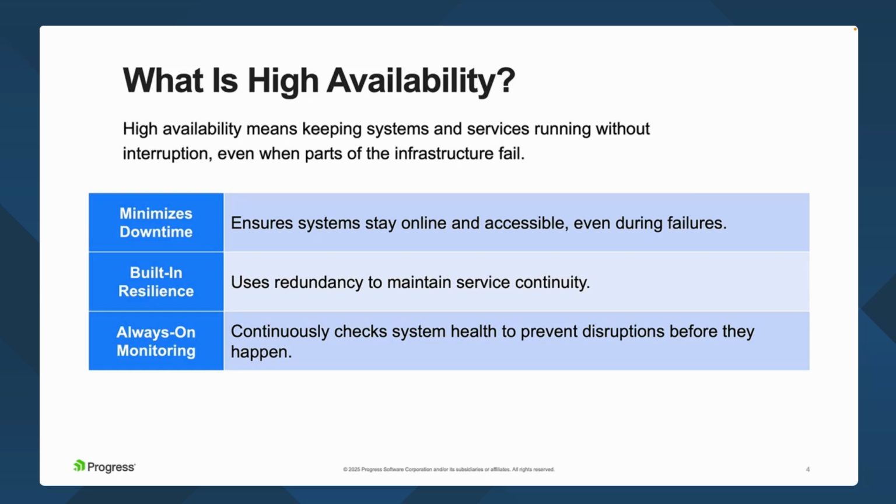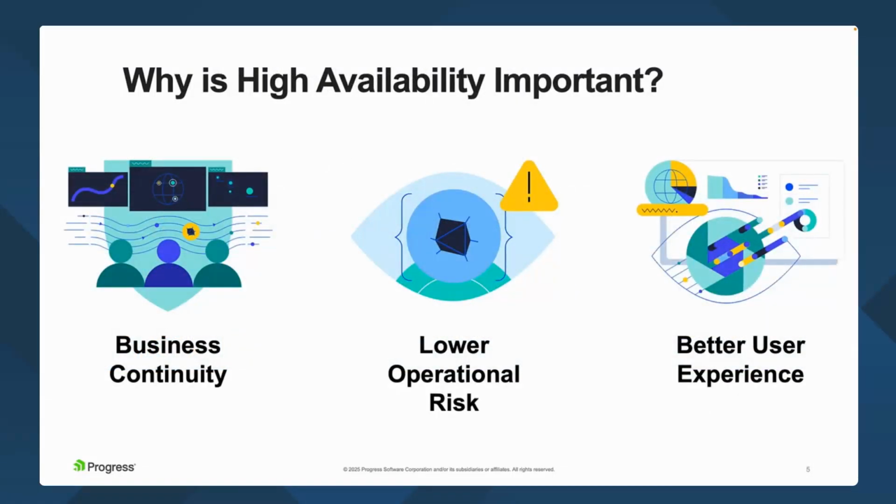So now that we know what high availability is, the next question is, why is it so important? Well, nowadays users expect 24/7 access, and services span multiple environments, so even a few minutes of downtime can lead to disaster. I'm going to go over a few of the reasons why high availability is so important, starting with business continuity. High availability ensures that mission critical systems like databases, applications, and network services remain operational even during failures.